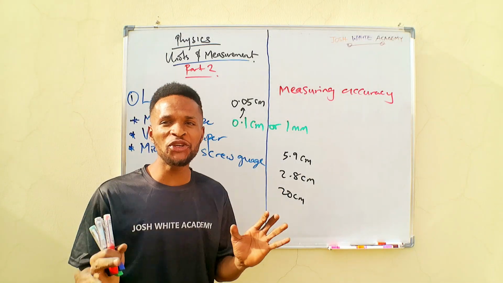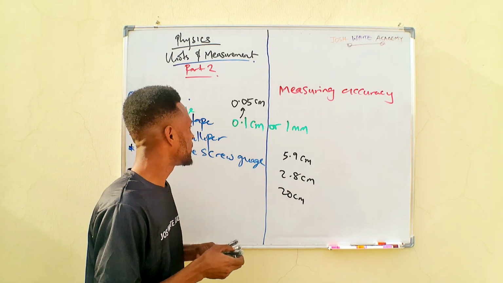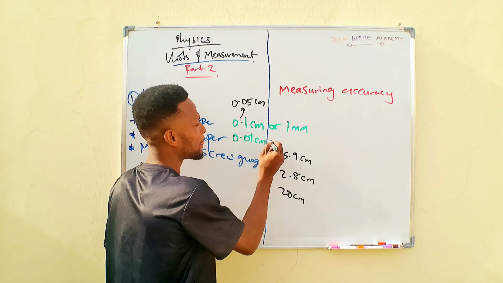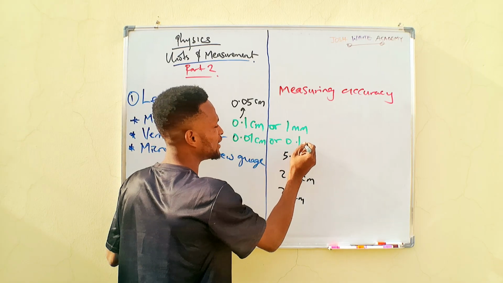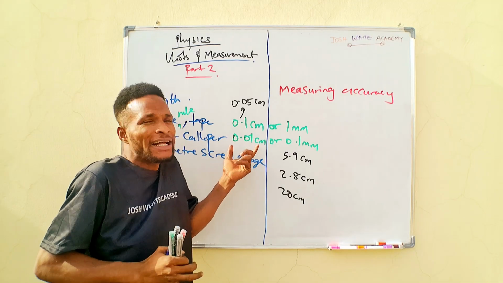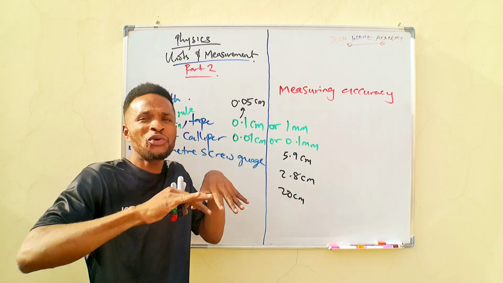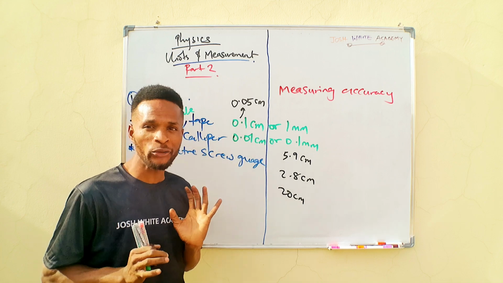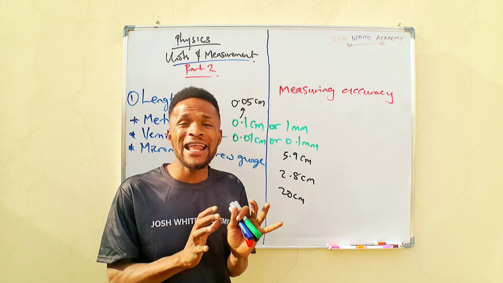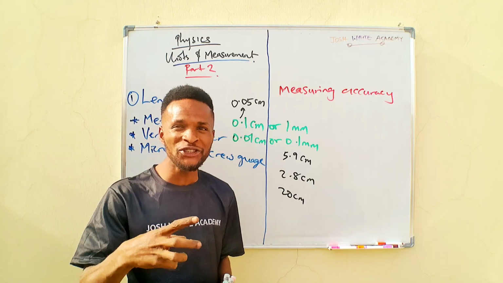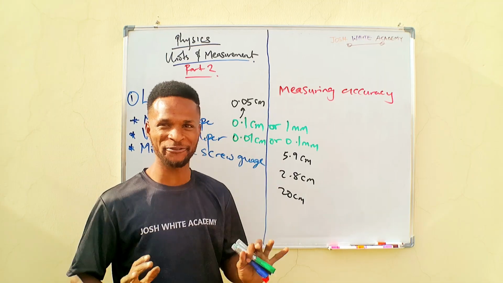The measuring accuracy for a Vernier Calliper is 0.01 centimeter or 0.1 millimeter. That means a Vernier Calliper can be used to measure more accurate length measurements compared to a meter rule, because the smaller the measuring accuracy, the more accurate that measuring instrument can measure.